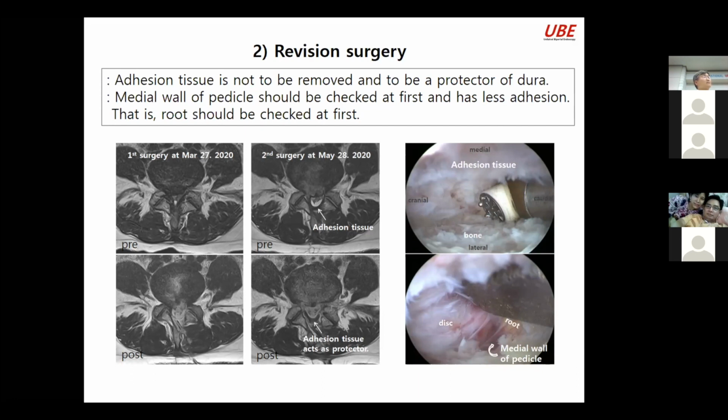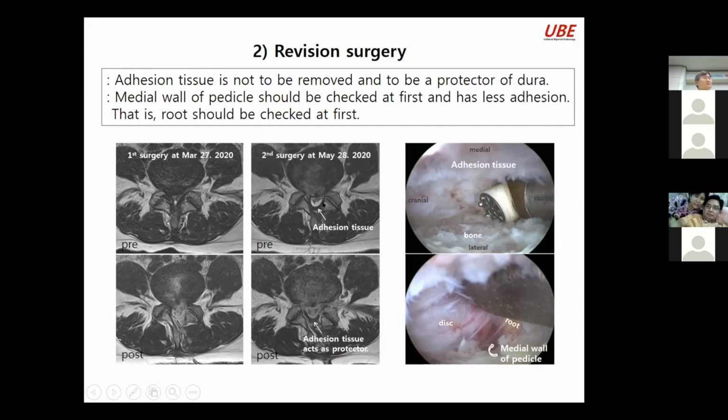Adhesion tissue is not to be removed, and adhesion tissue can protect the dura. Second, this one here is the first surgery, a ruptured disc, postoperative, but this is decompression, with a recurred herniated disc.